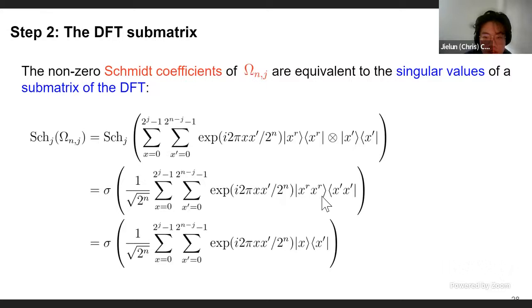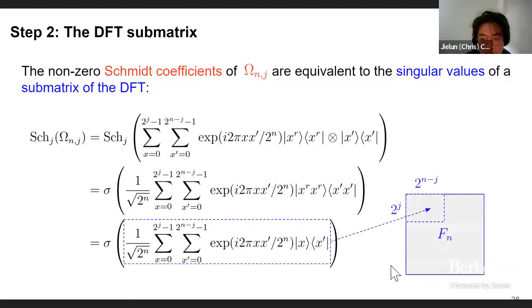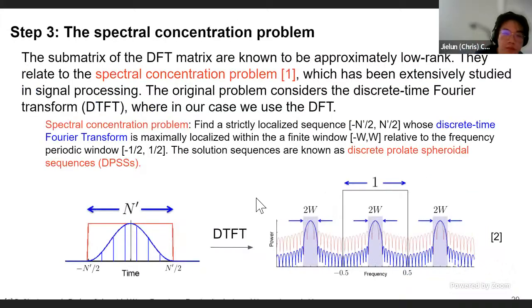Because these are duplicate dimensions, we can drop the dependence on this, and then we have this nice operator here. This operator is exactly a 2 to the power of j by 2 to the power of n minus j submatrix of the discrete Fourier transform matrix, because instead of summing from 0 to 2 to the power of n minus 1, here we have 2 to the power of j, and here we have 2 to the power of n minus j.